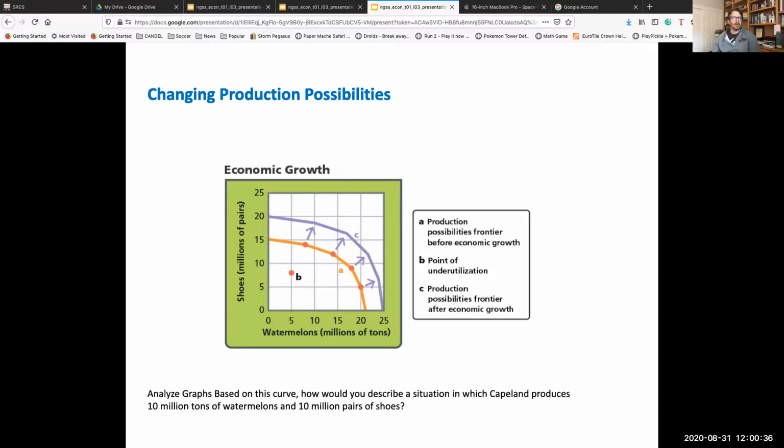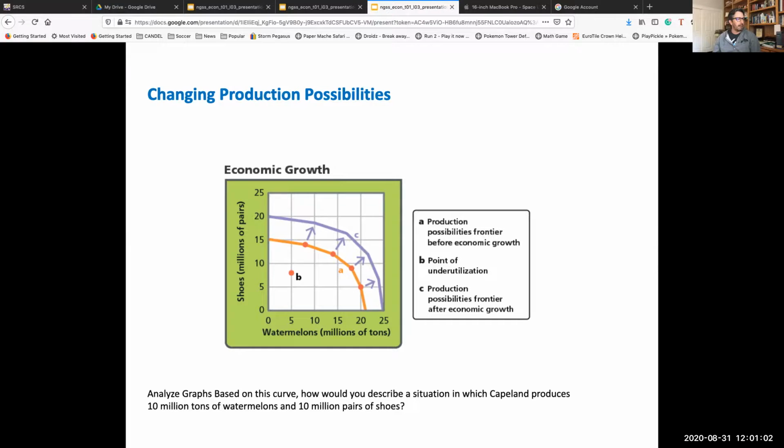If you have a significant change in the environment, say like a technological breakthrough, or a baby boom, population growth in a country, you will see the production possibility curve shift outward, and we'll get to that later in this class. But that's what they have here represented in the book.